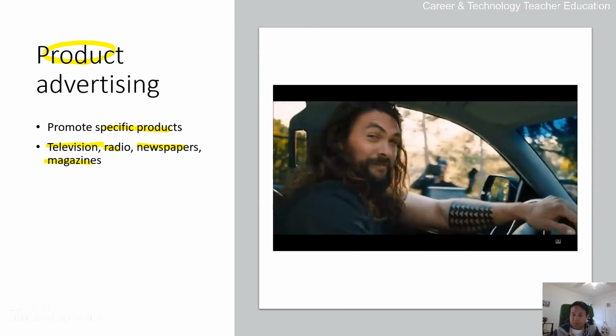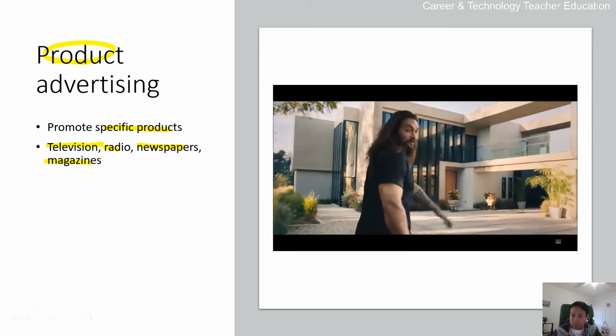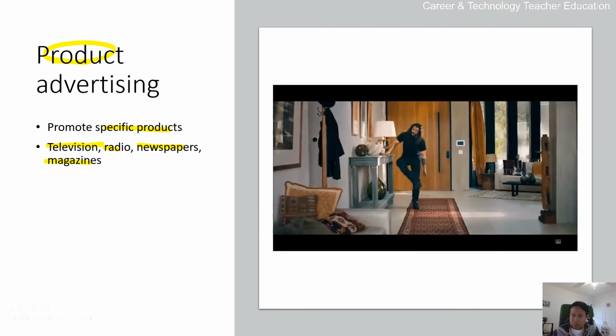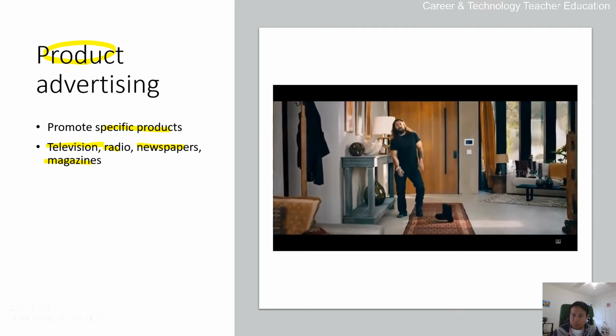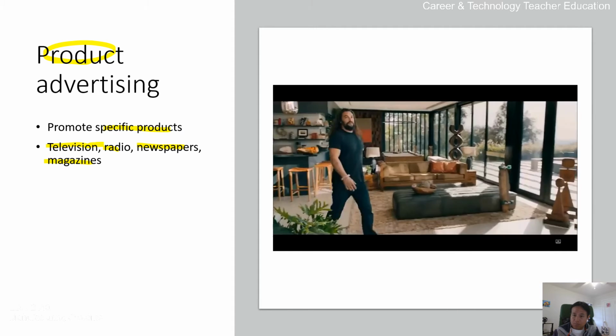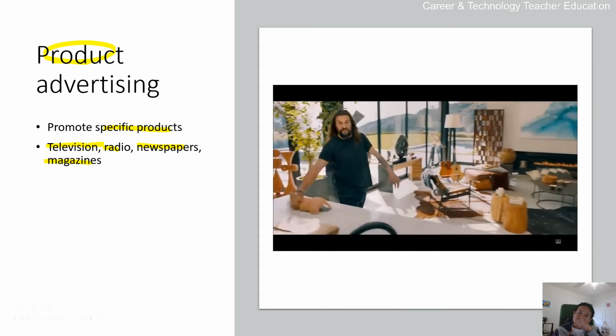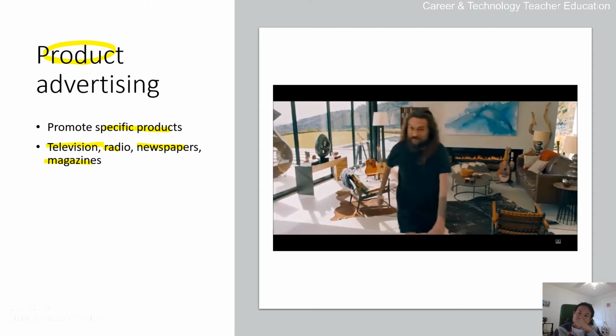What does home mean to me? It's my sanctuary. It's the one place I can let my guard down. It's where I can just kick back and be totally comfortable in my own skin. You know what I'm saying?